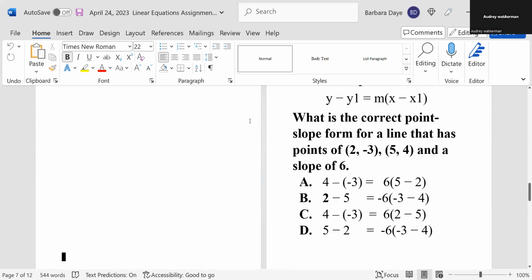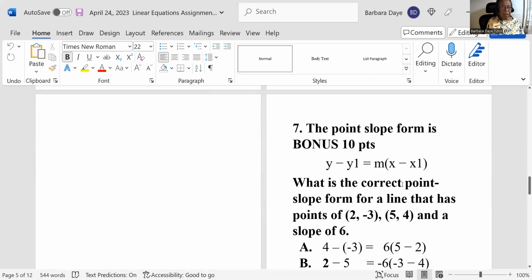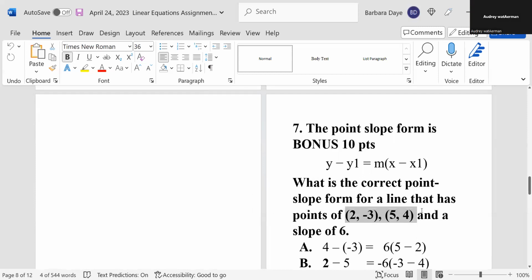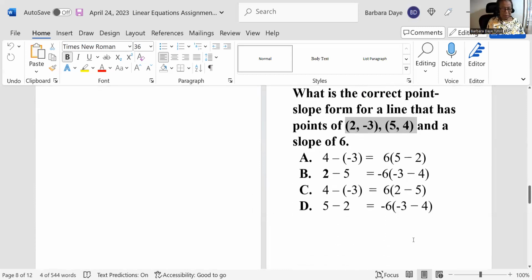Now you can take these 2 points and label them: 2, -3 is x, y; 5, 4 is x1, y1. Label these, and then it's a matter of substituting into the formula.